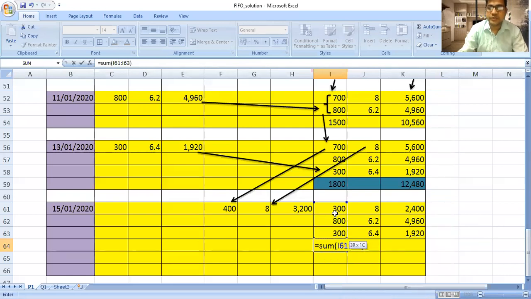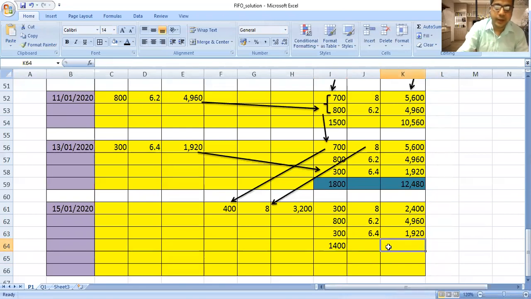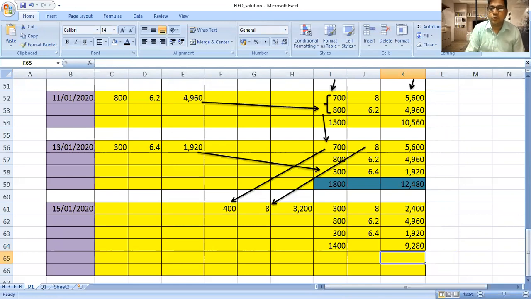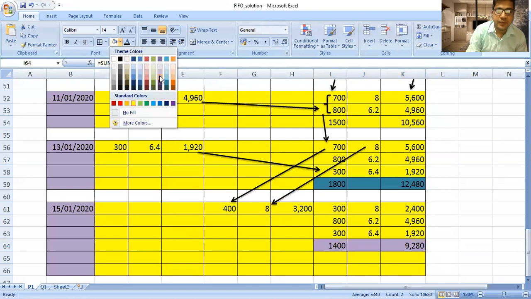The total units available are 1400 and we have to find out their value: 2400, 4960 and 1920. The total will be 9280. So I hope you understood how we will record it.